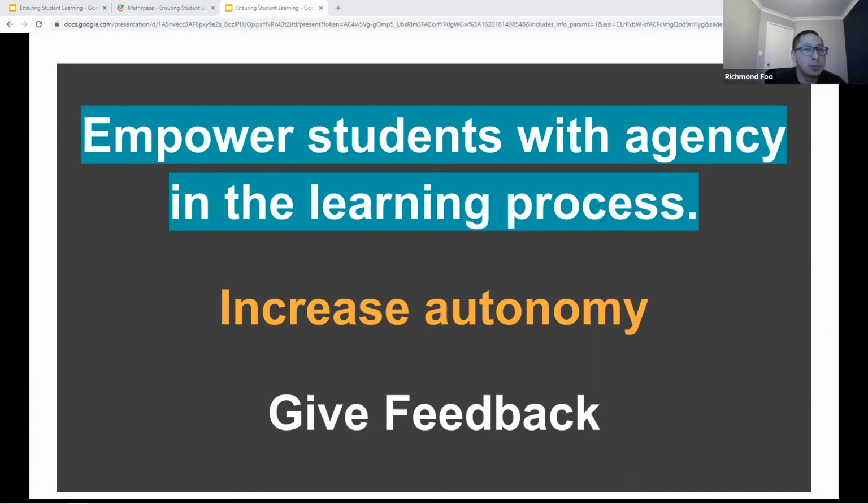I guess MathSpace doesn't have a lot of bells and whistles in terms of fancy graphics and games, but the philosophy it goes off is that success and learning and mastery is its own gratification and its own reward. And that's what we're trying to do. So if we can get kids learning at the right level, hopefully that's going to spark some greater autonomy and engagement.